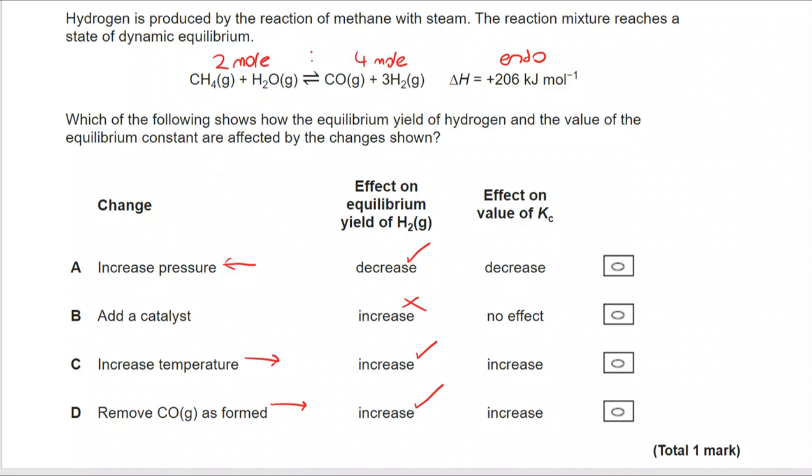To actually get to the final answer, we need to remember something very important. Kc is temperature dependent only. So changing pressure, removing any of the species will not affect the value of Kc. Only temperature does. That means that we can disregard A and D, and the correct answer is therefore C.